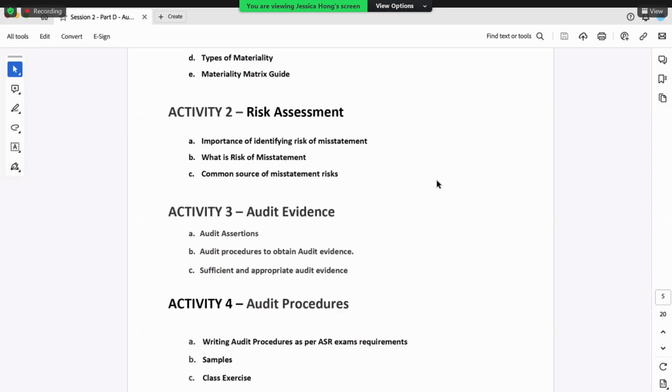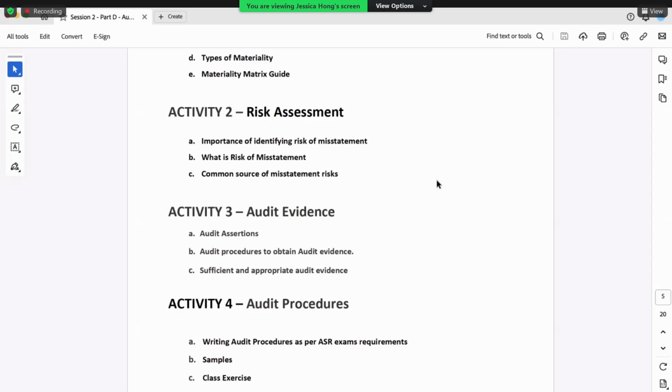Sometimes in the question, they relate the audit procedures to certain audit assertions. So I would like to begin audit activity 3 by explaining the audit assertions and how the audit procedures should be prescribed and is appropriate to obtain certain audit evidence that could achieve the audit assertions.